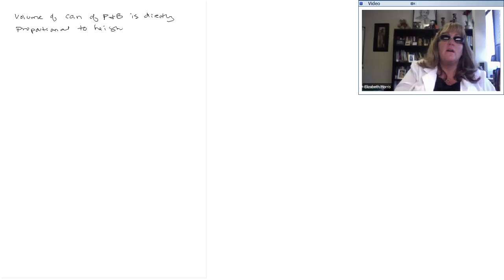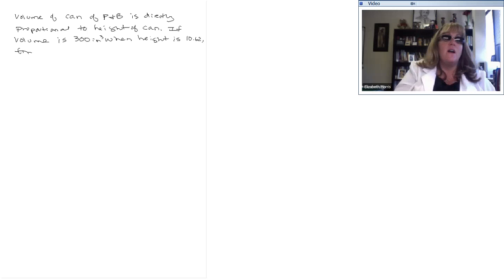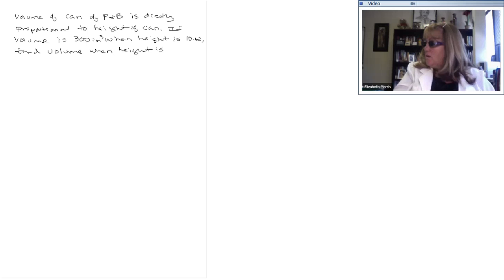If volume is 300 inches cubed when height is 10.62, find volume when height is 15.92.